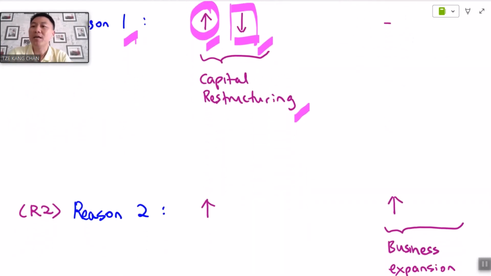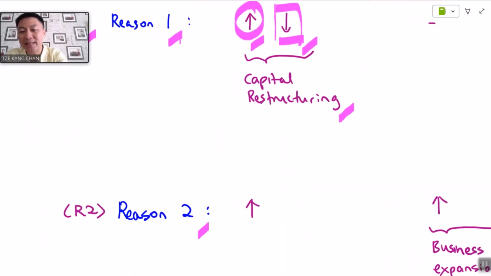Alternatively, here comes the second reason, denoted by R2, whereby additional funding was raised, again either by taking up an additional bank loan or issuing loan notes, as well as issuing shares, whichever is specified by the exam question. And again, what is the purpose of that extra funding?